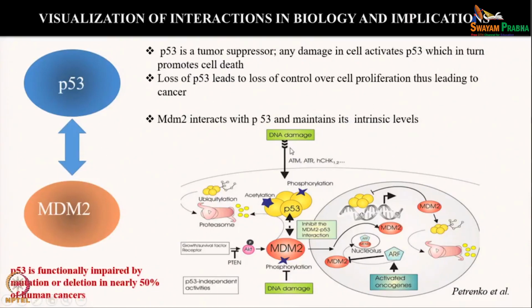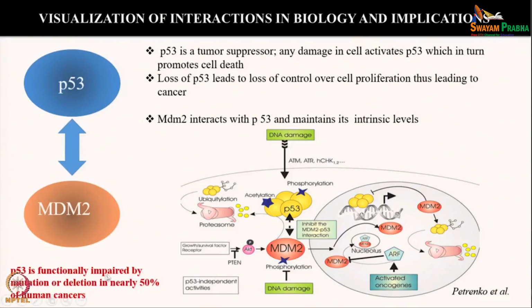So, p53 is a tumor suppressor, and any damage in the cell activates p53, which in turn promotes the cell to die. p53, if not present, can lead to cell proliferation and cancer. In the cell, there is another interacting partner of p53 called MDM2. MDM2 normally regulates the level of p53 in the cell, thereby keeping a tab on the cell's functioning. In abnormal cases, MDM2 and p53 control gets disrupted and the cells often become cancerous.